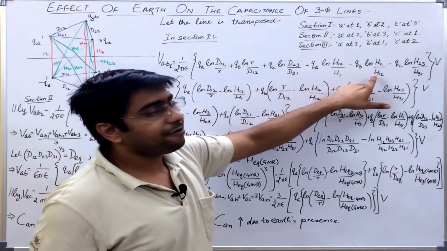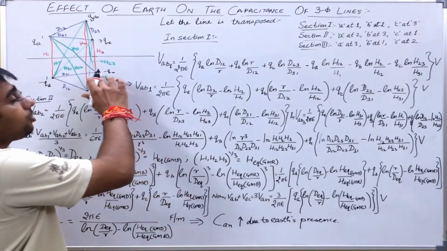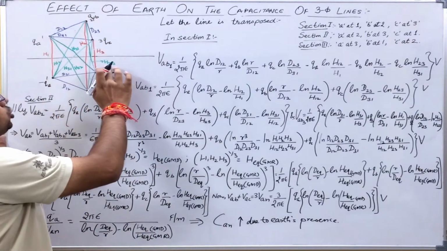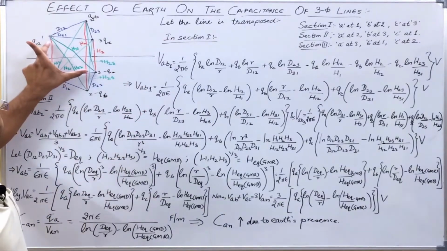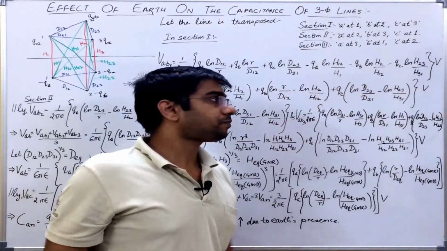Now consider the charge minus QC: position 2 is at H23 distance away and position 1 is at H31 distance away, the same as I have written here.